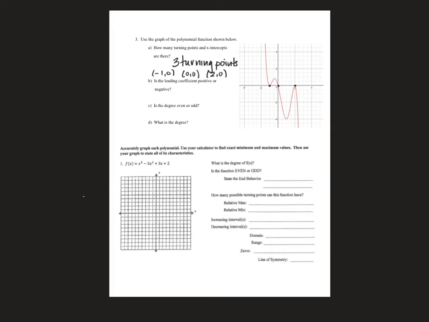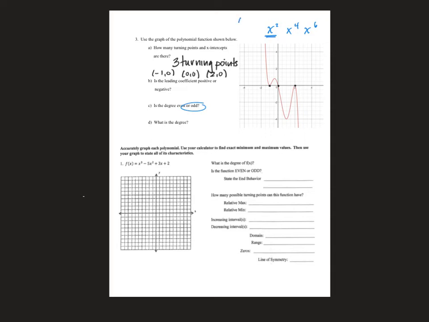All right, is the leading coefficient positive or negative? Well, the first thing I'm noticing here is it is odd. I know that's not asked in a specific order here, but I know it's going to be odd because if it's even, whether that means it's going to be x to the second, x to the fourth, x to the sixth, they're all going to look quadratic in form.